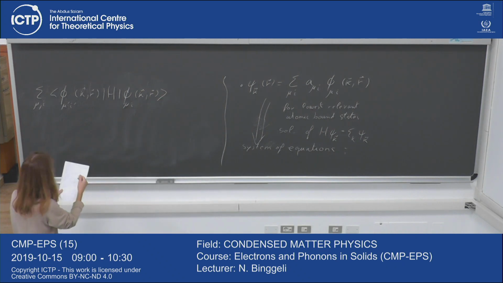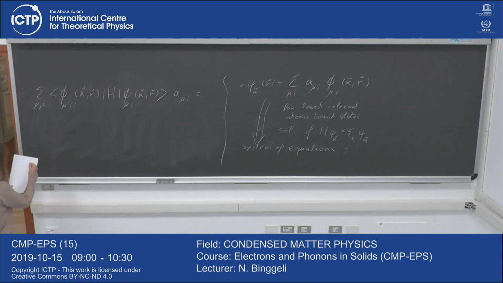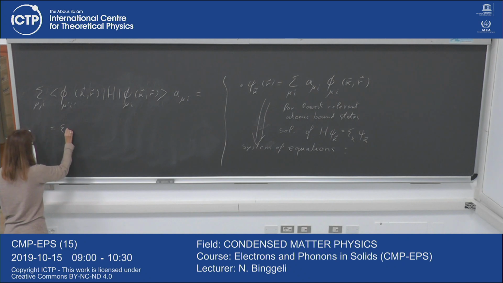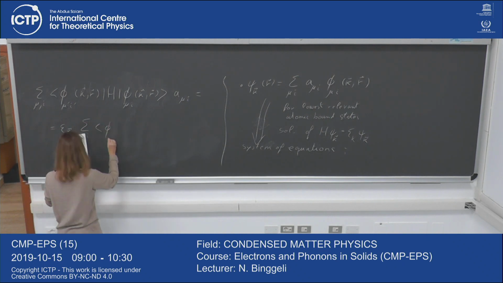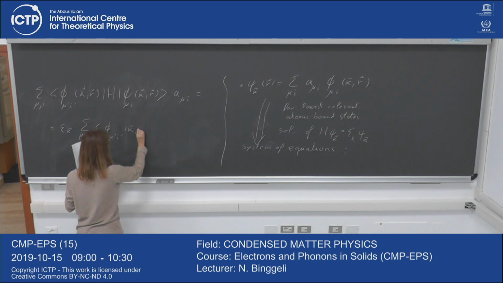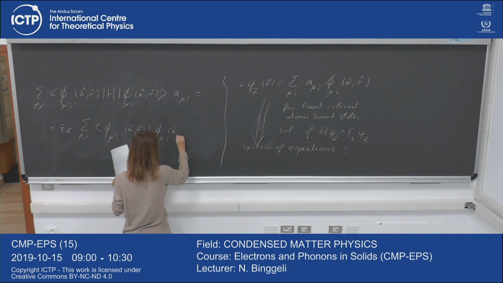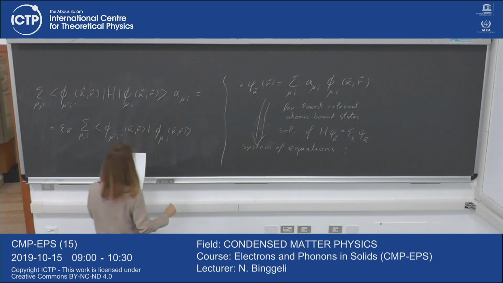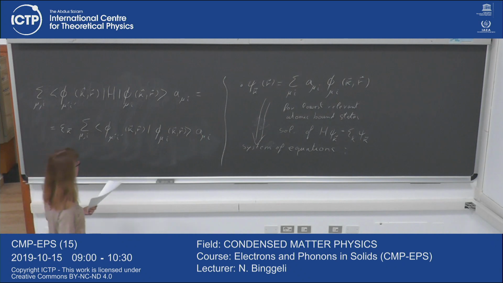So this matrix element times the coefficient, the unknown coefficient A mu I, is equal to epsilon_k times the sum over mu I of this overlap matrix element between mu prime I prime k r and phi mu I of k r, and the coefficient A mu I. Okay, this is what we had derived last time, and now we are starting from this point.